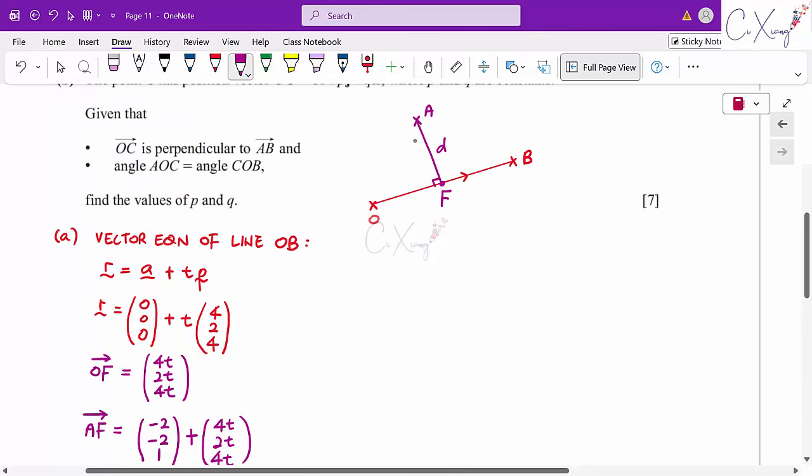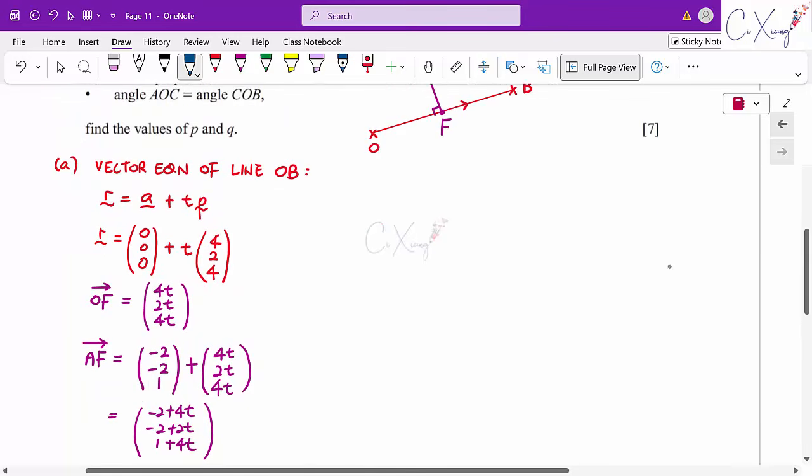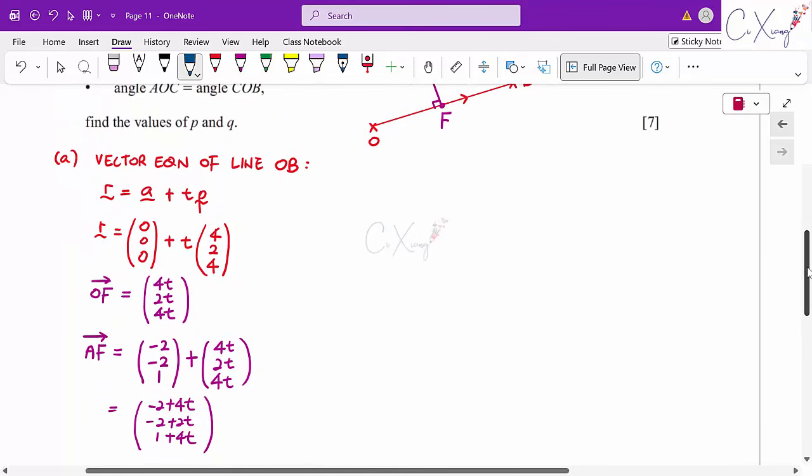Then let's continue further. I know that vector AF is perpendicular to vector OB. Therefore, I'm going to use the result AF dot OB equals 0 because they are perpendicular to each other.